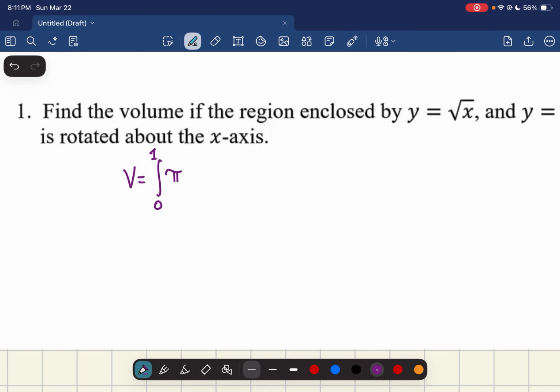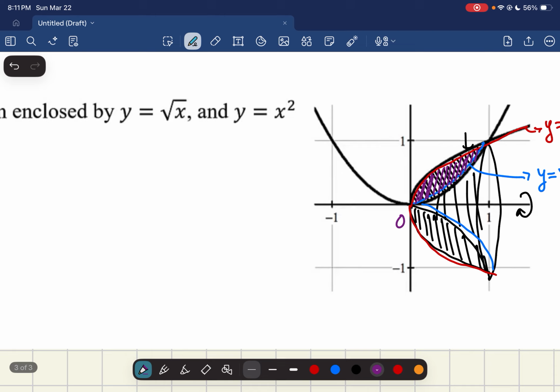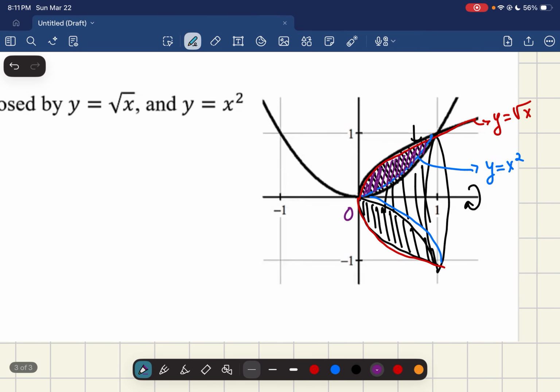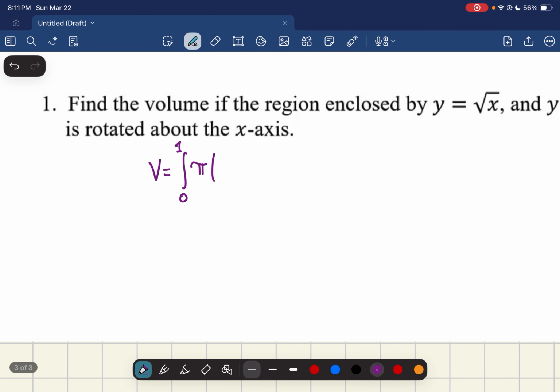Pi, what's the big radius? It's going to be square root of x, squared, minus the area of the small radius function, which is x squared. You can take pi outside as a common factor.